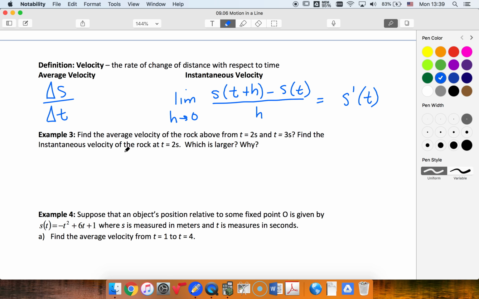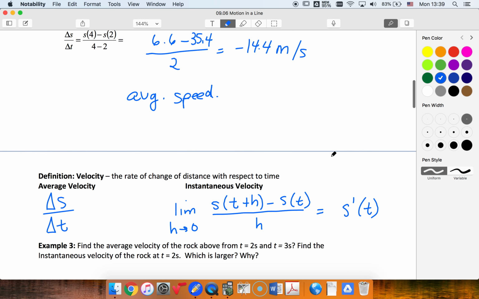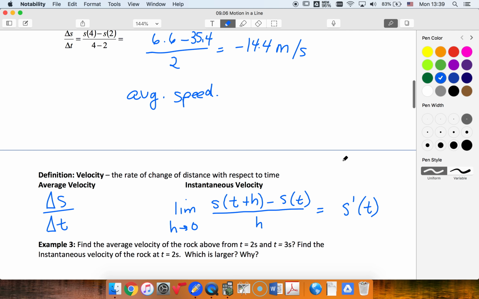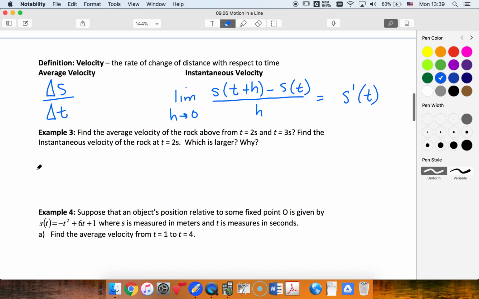So if we continue on with our example, the average velocity from 2 to 3 seconds, so not going all the way this time to 4, but going from 2 to 3. So we're going to have 25.9 minus 35.4. So we could call this velocity from 3 to 2 seconds. 25.9 minus 35.4 over 1 second.